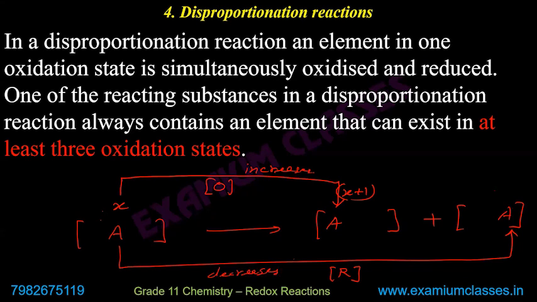It means its oxidation state should be less than x, say x minus 1. It means this element A must have at least 3 oxidation states: one x, the other one less than that, and the other one greater than that. Otherwise, a disproportionation reaction will not take place if the element has only 2 or 1 oxidation states.